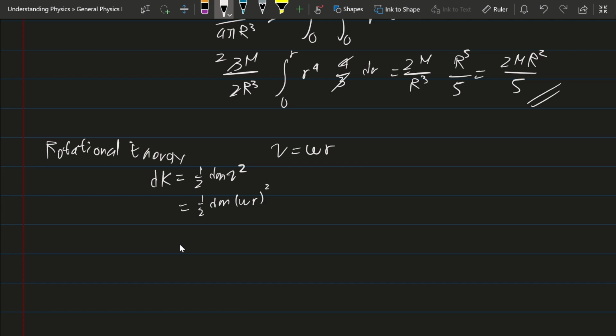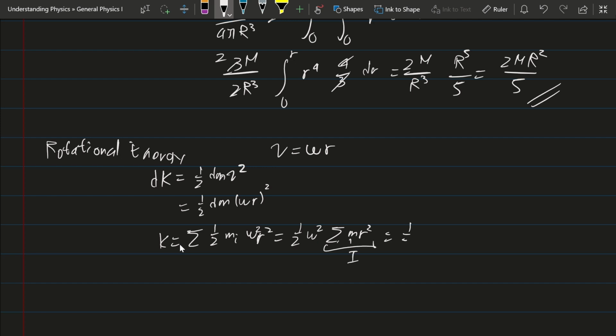And so if we actually do this for all of the particles, this will be the sum of the half mi's omega squared r squared. And then we could just put the half outside. We could put the omega squared outside because they will be constant. So we have the sum of the mr squared. And this is basically the inertia.